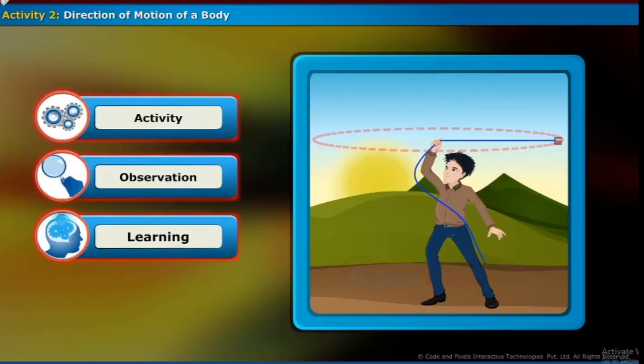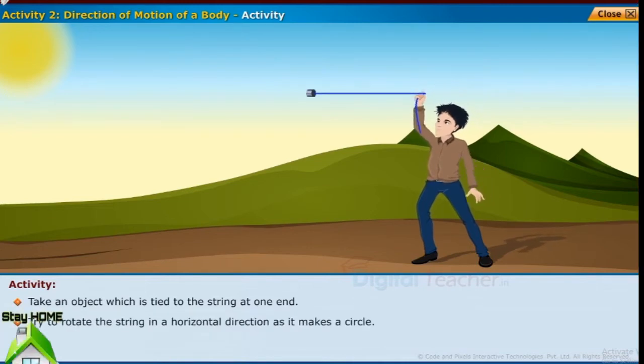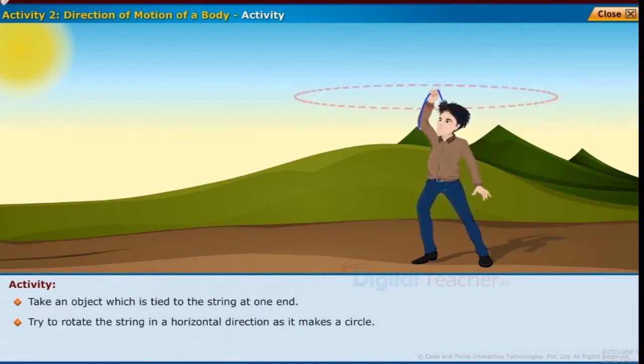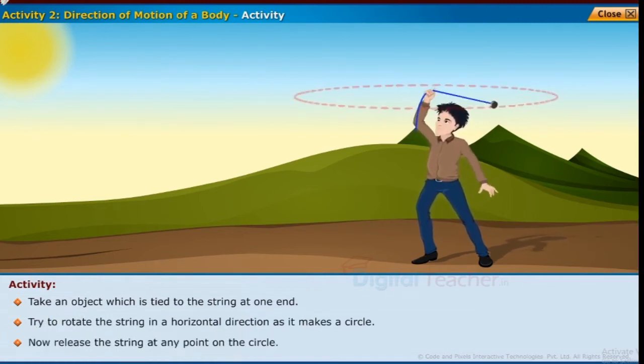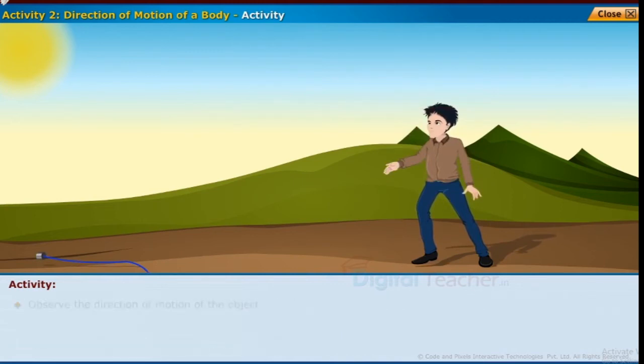Let us perform an activity for observing. Take an object which is tied to a string at one end. Try to rotate the string in a horizontal direction so that it makes a circle. Now, release the string at any point on the circle. Observe the direction of motion of the object.